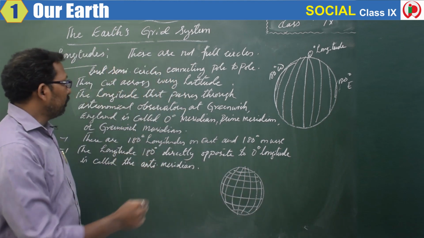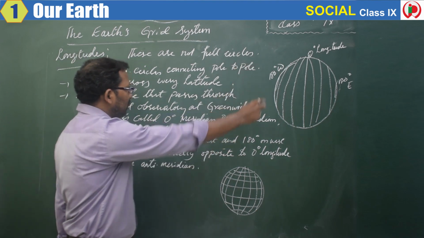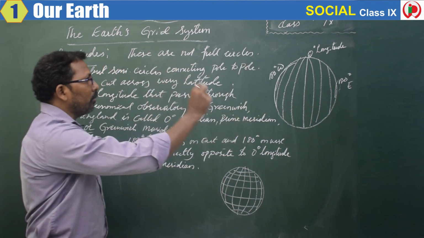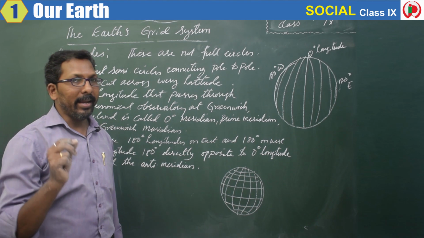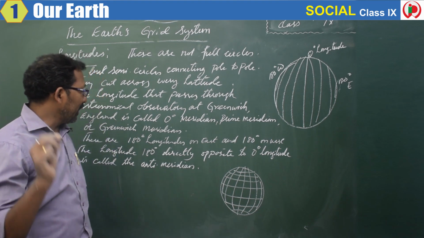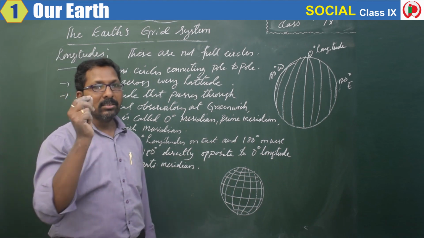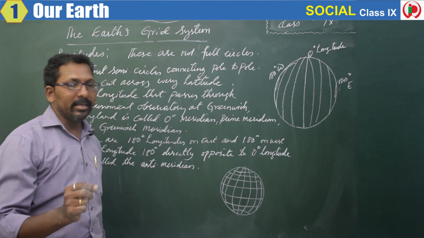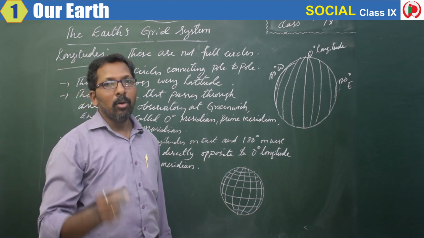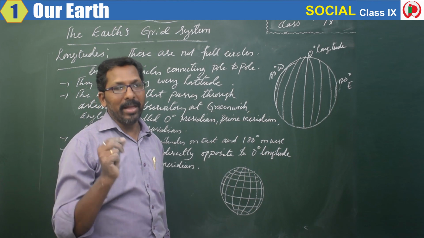And moreover, the longitude that passes through the astronomical observatory at London, England is called the 0 degrees meridian, or prime meridian, or Greenwich meridian.